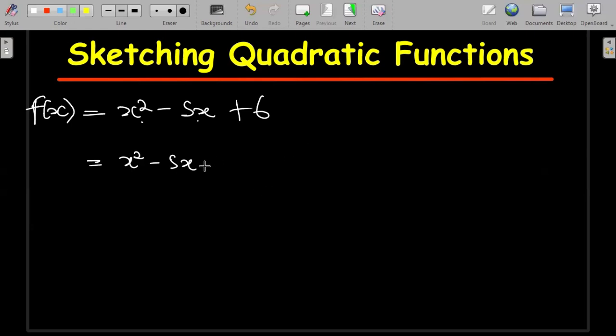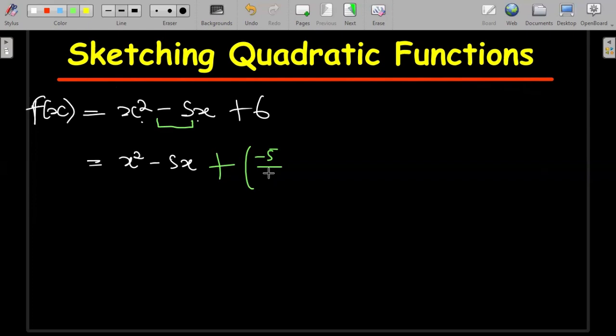I'm going to say plus, and then I'm going to get the half of the coefficient of x, square it, and then say minus the same thing. So I'll say plus, and then in brackets, I'm going to get the coefficient of x. The coefficient of x here is what? Minus 5. So I'll put minus 5 there.